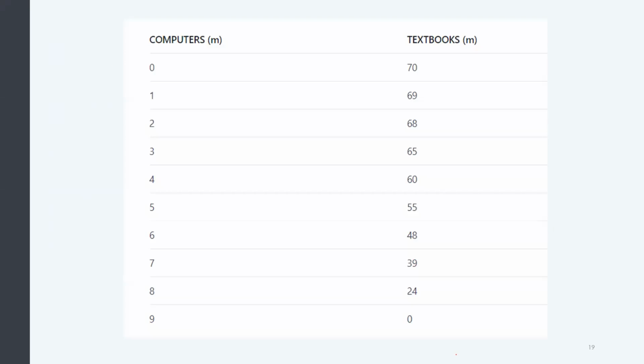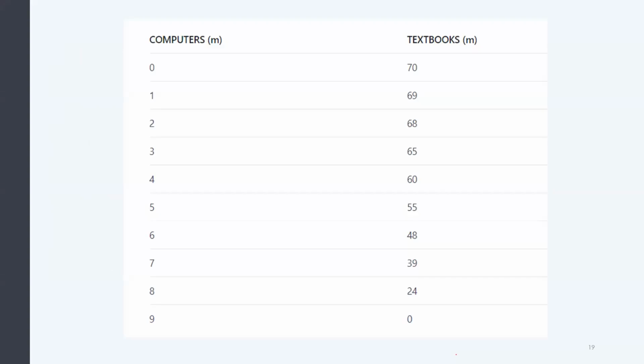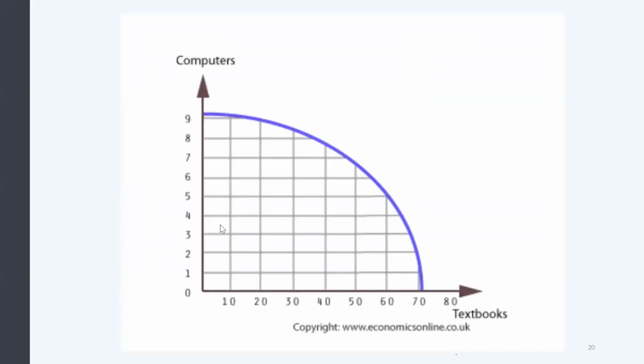For you to know the PPC, you have to make an assumption: the country is producing only two things, and I said computers and textbooks. This is just an example. If you use all of your resources to produce textbooks, you get 70 textbooks. If you use all of your resources to produce computers, you produce 9 computers. And then you can plot it on a graph.